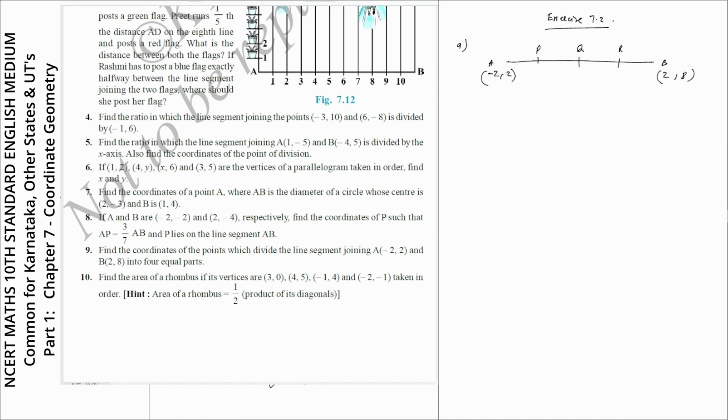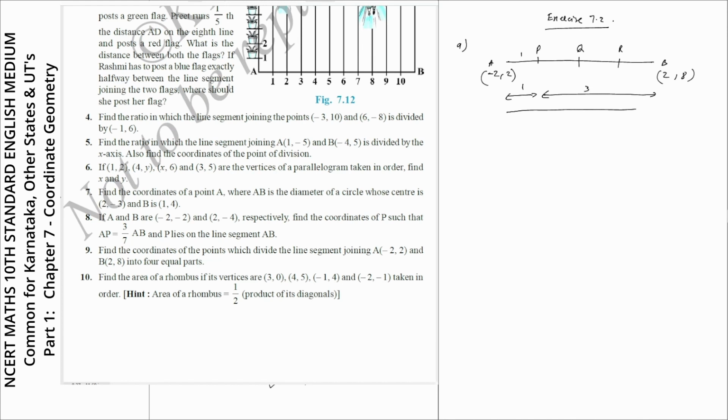Now what will be the ratio of AP by PB? Since all are equal, AP by PB will be 1:3.